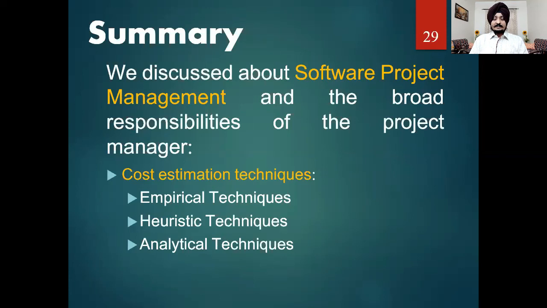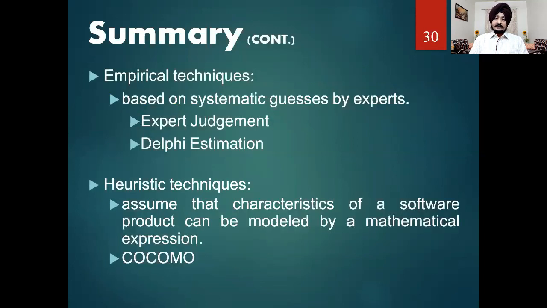So let's come to the summary of this presentation. Today we have discussed what software project management is and how it can affect our software product development. We learned about cost estimation techniques like empirical, heuristic and analytical. Then we went through the empirical techniques of expert judgment and Delphi estimation.